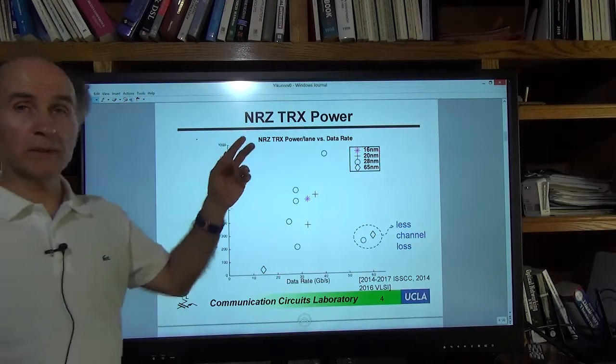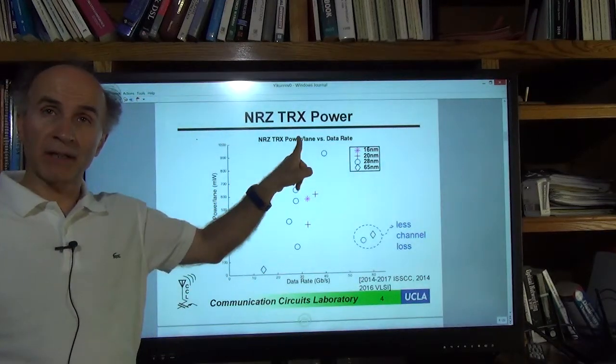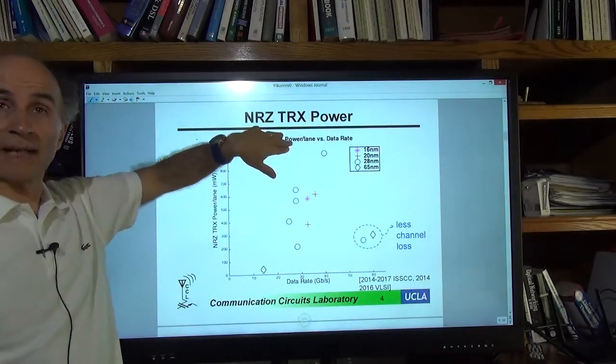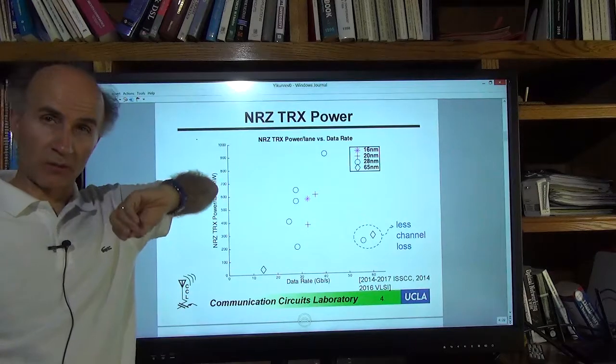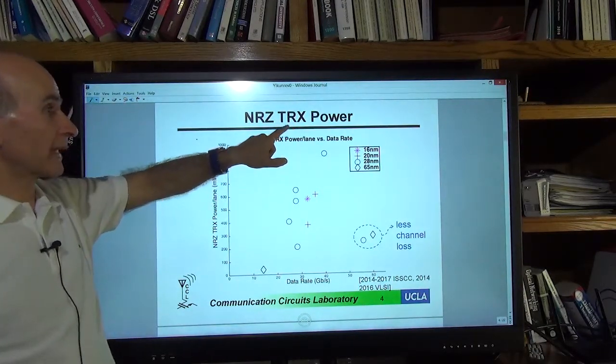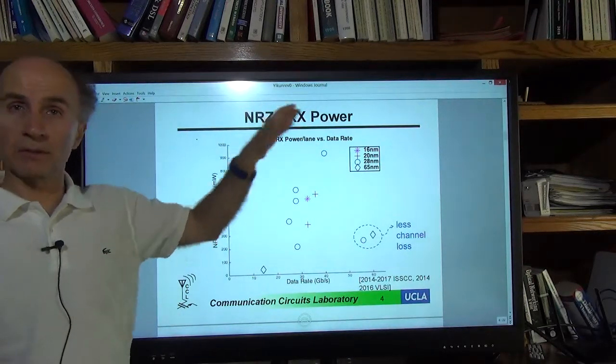Okay, one other point is that every slide in your presentation must have a title. You cannot have a slide that says nothing here. That's a terrible presentation. Also, you can't just say, for example, prior art 1, prior art 2, prior art 3, prior art 4.